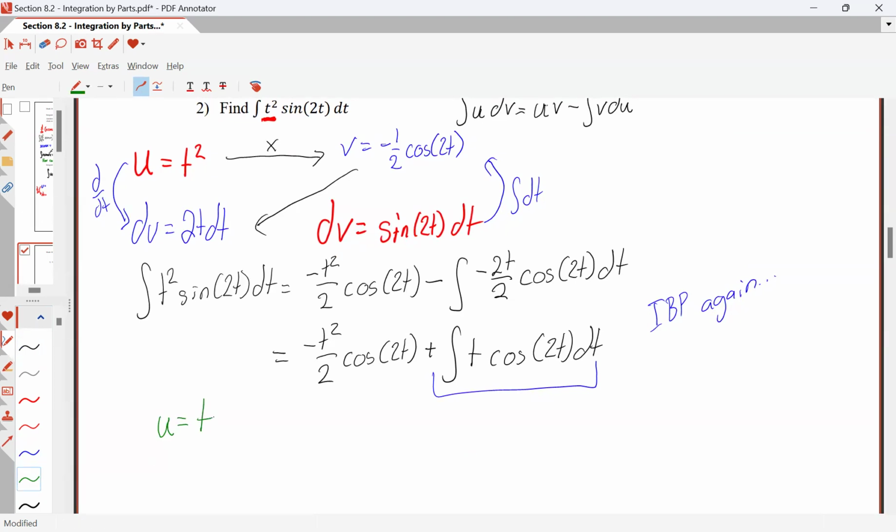So du equals dt, and dv equals everything else, cosine 2t dt, making v the integral, which is 1/2 sine 2t.